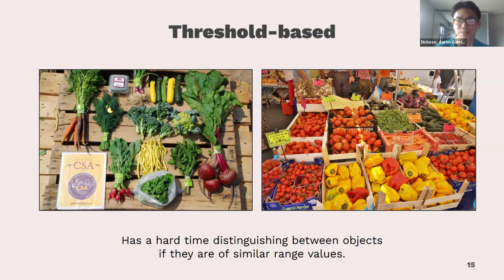They also have very similar ranges of colors, so it makes it hard to differentiate between the two. Same as here as well. It is even more difficult in this case because we are now looking at different varieties of tomatoes. As you can see, all the tomatoes basically are some sort of reddish orange. So you're going to need a different technique than just threshold-based to differentiate among them.